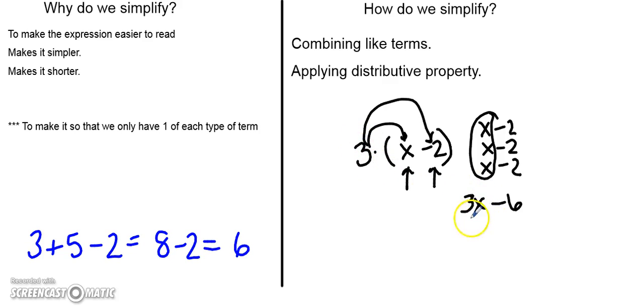Now I have one variable with its coefficient and one constant that has the coefficient applied to it. So if we combine like terms, we can also apply the distributive property in order to simplify expressions. But our goal is to end up with the smallest number of terms possible.